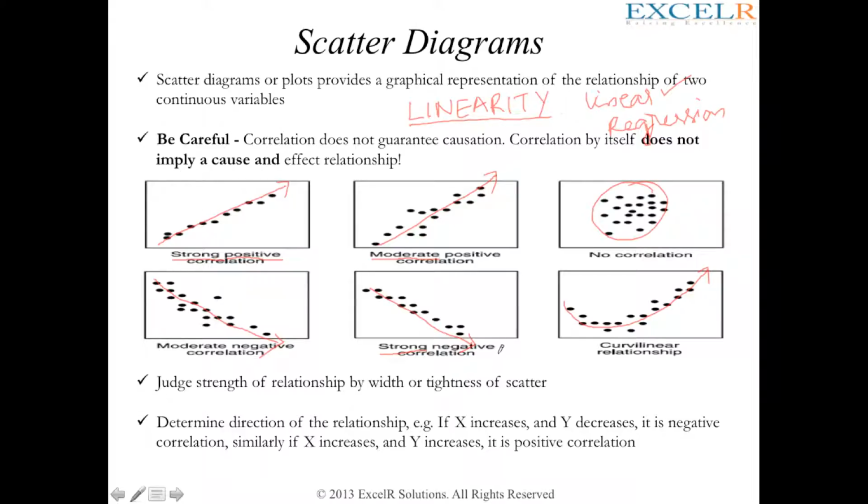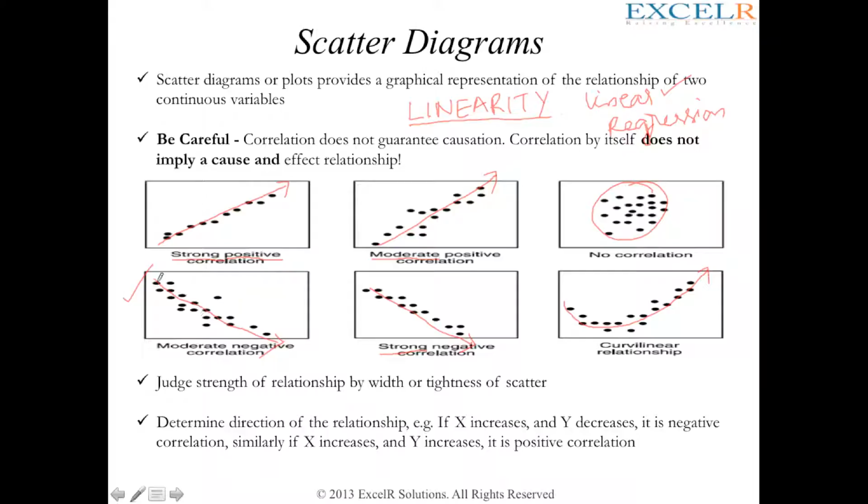Now, two things here. One is that the strength of a correlation is very subjective in nature. A few of you might say that the data points in this particular plot also seem to be a strong negative correlation maybe.